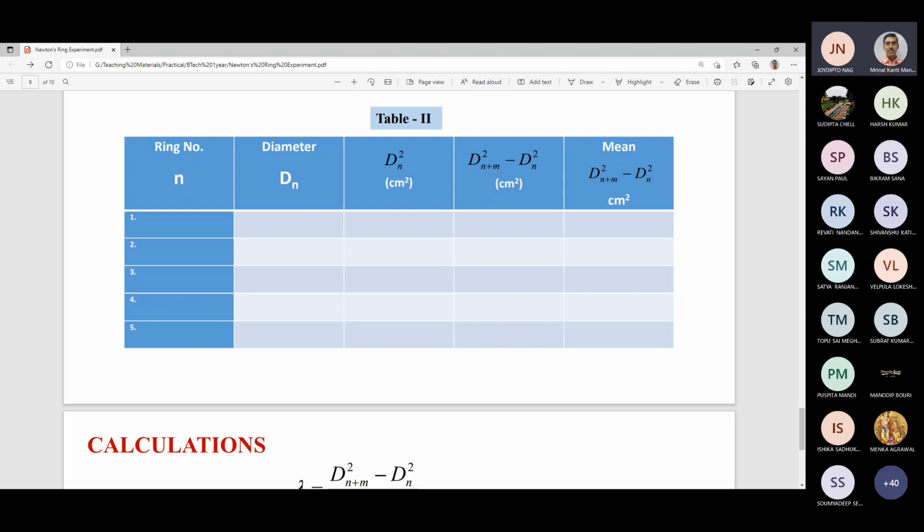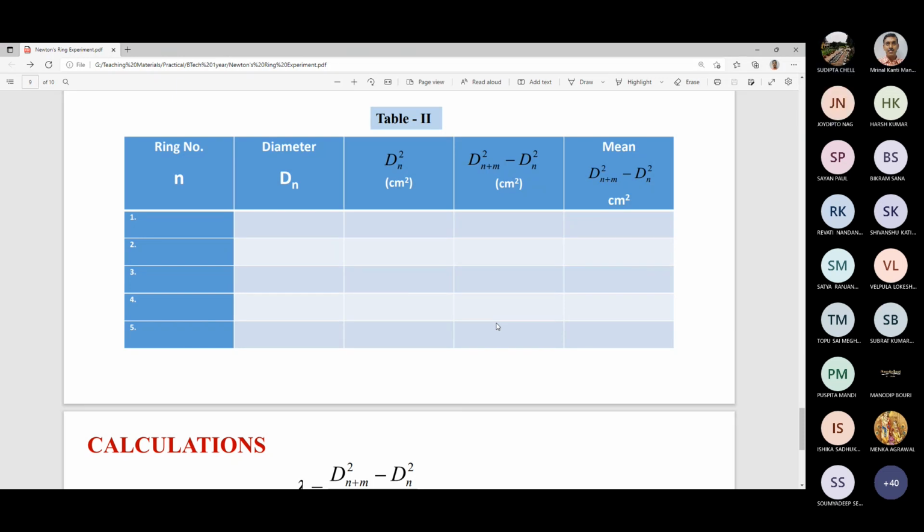M equal to 3 is fixed, and the n value will change. For this you will write n equal to 2. Here you take n equal to 3, n equal to 4, and like this way it will continue. Then you take the average.